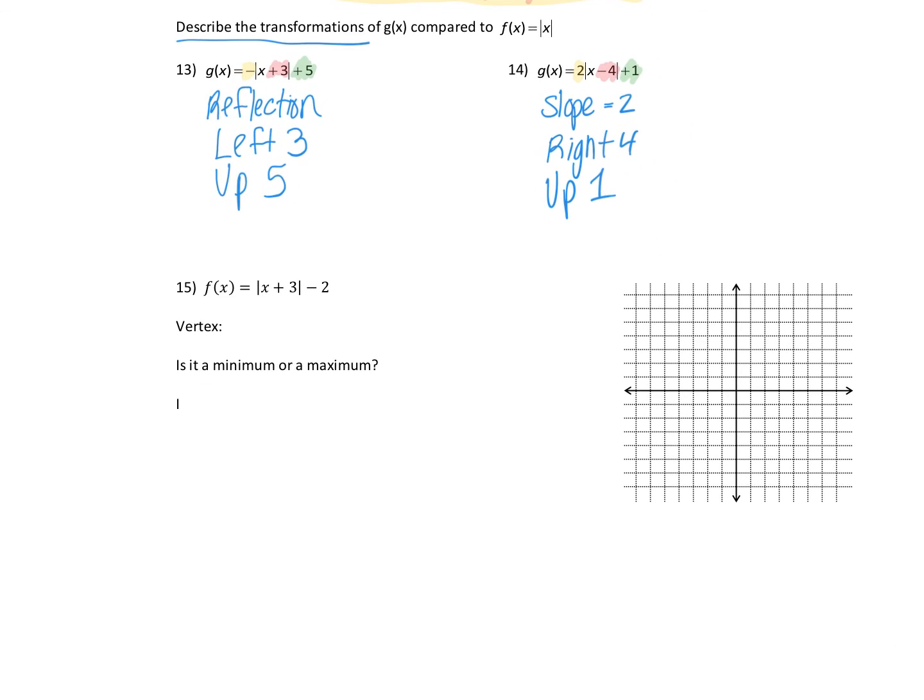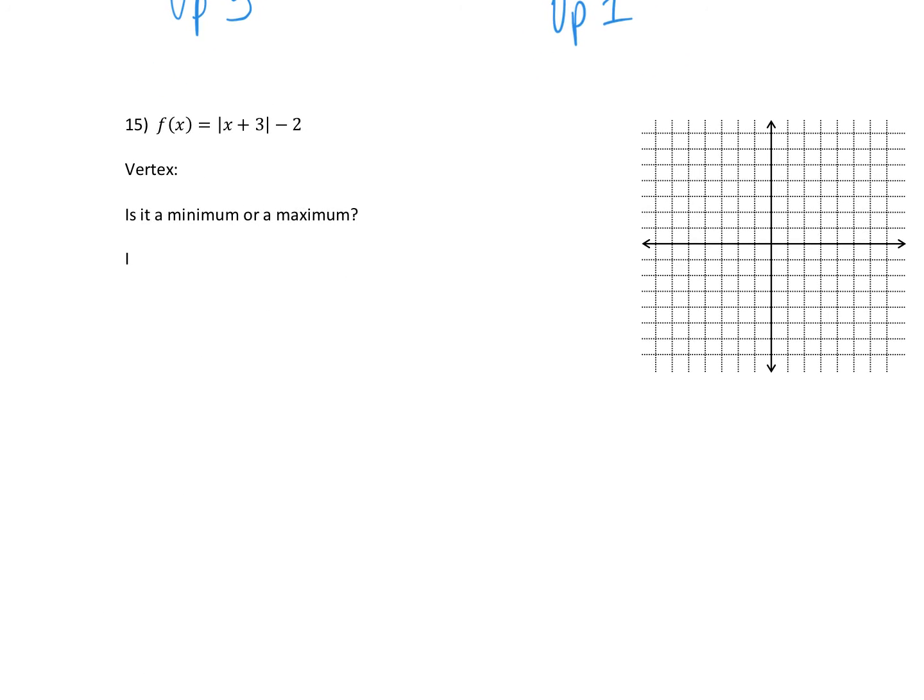All right, let's put this all together and let's try this last problem. If I look at this equation, I have a plus 3 and a minus 2. That tells me I'm going left 3, down 2. So I'm going to go left 3, down 2. I don't have any number in front here, so I know that my slope is just 1. So up and over 1, up and over 1 to make that V shape.